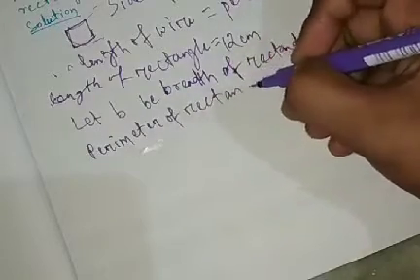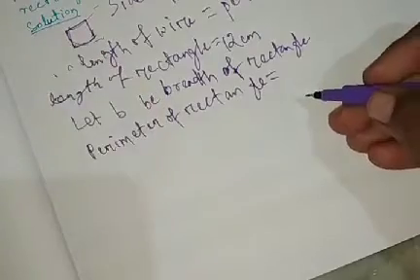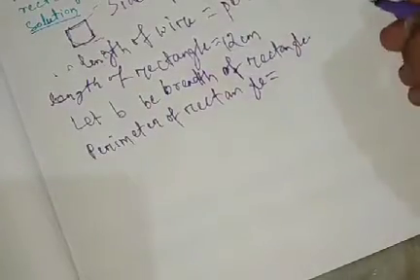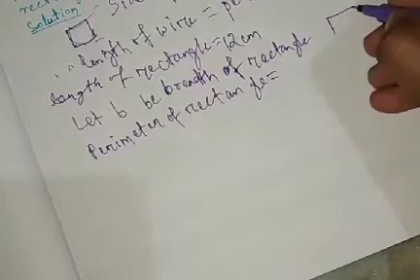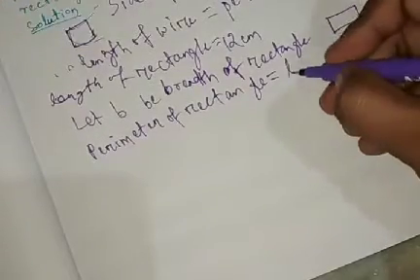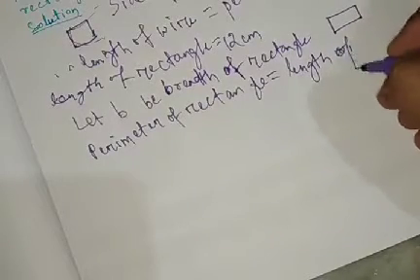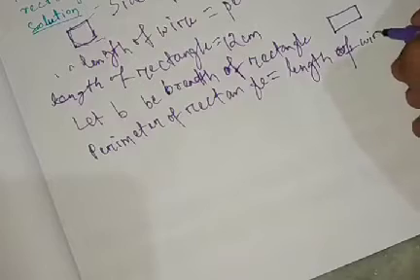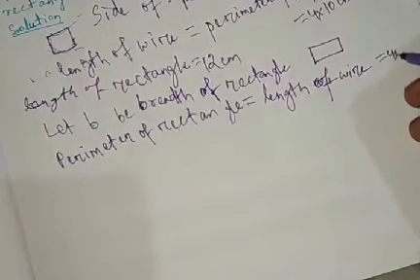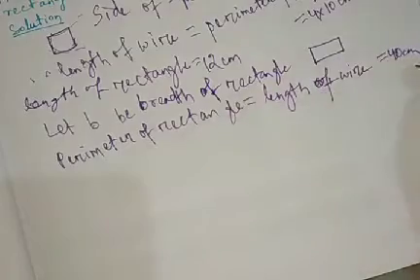Perimeter of rectangle equal to, if we have made the rectangle with the same wire, that will be the same length of wire. Wire length is not changed. How much is it? 40 cm. We have found it. Okay. So now perimeter of rectangle is 40 cm.